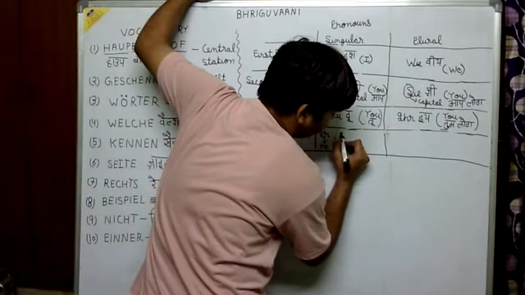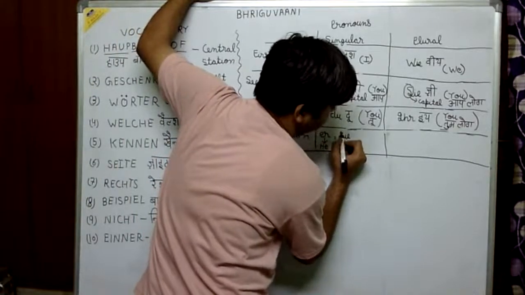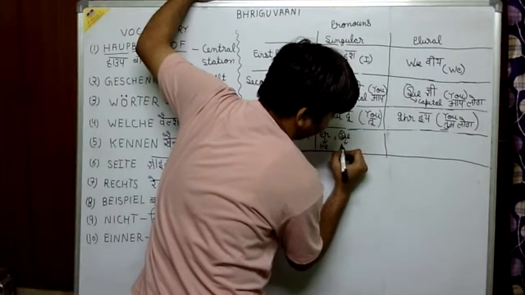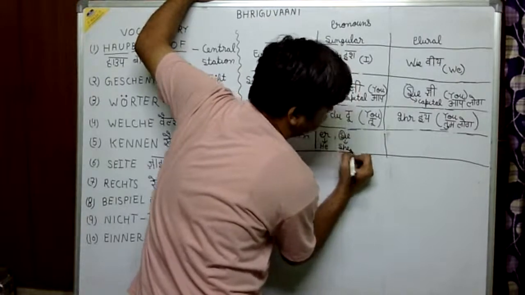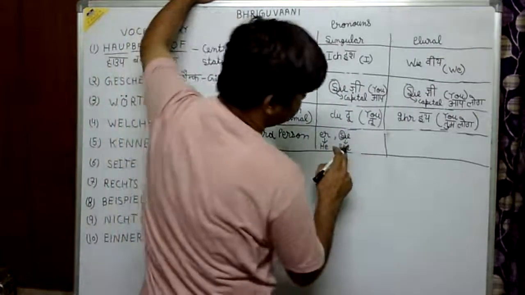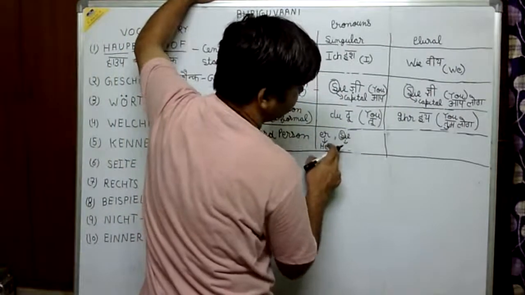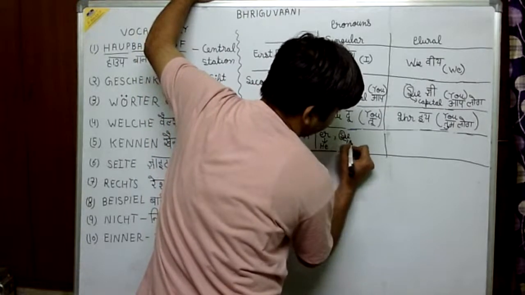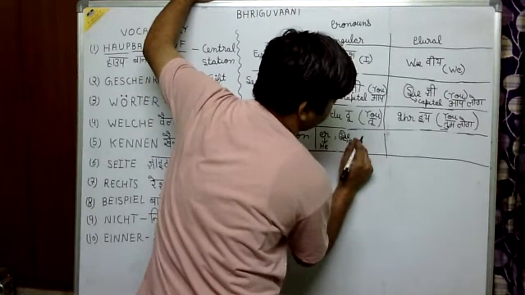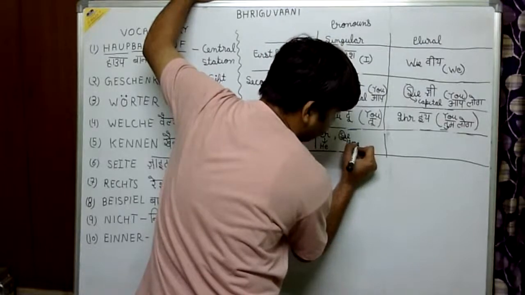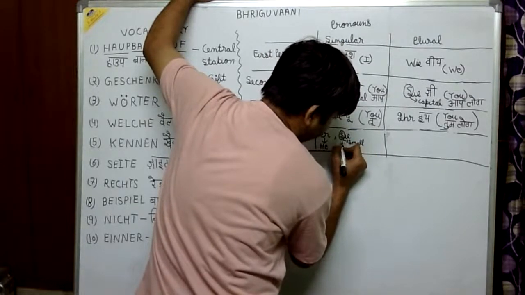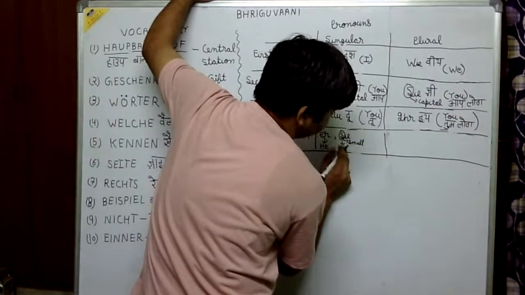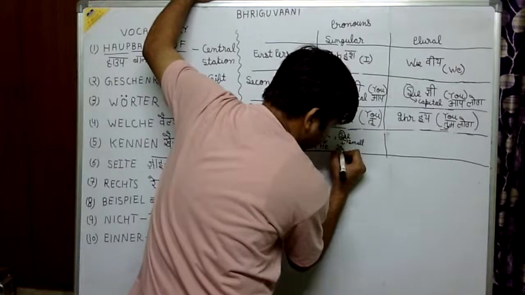Again, a new word we have, sie. This s is small and we use it for she, S-H-E.